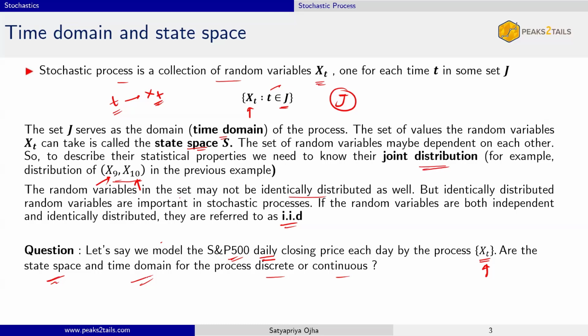Price is continuous. That means state space you're saying is continuous. And time domain you are saying discrete, correct? Anybody else want to comment on that? Anybody wants to differ?